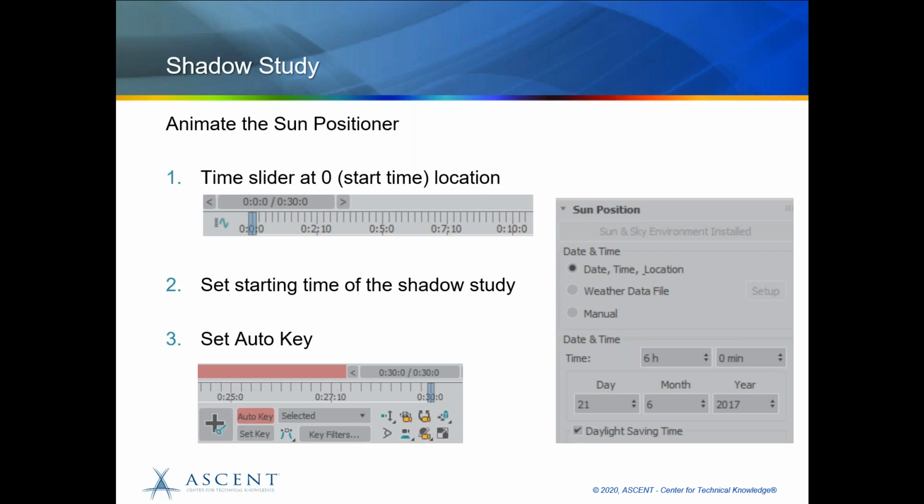For example, we have given 6 hours, which means 6 a.m. in the morning, so we start our sun study from 6 a.m. and then set the auto key. We click the auto key, and that shows that we are now animating, keyframing the sun positioner.